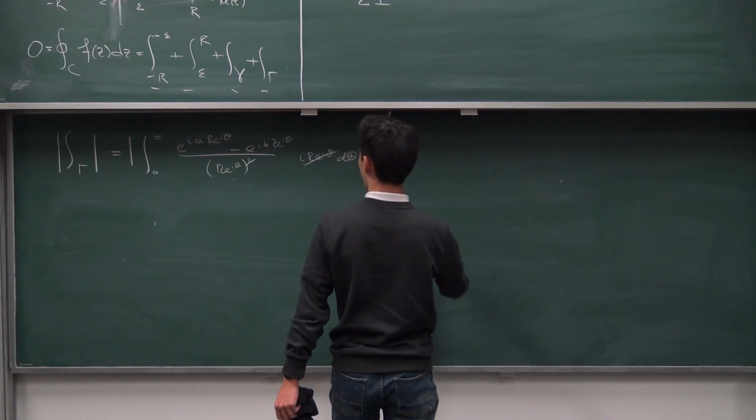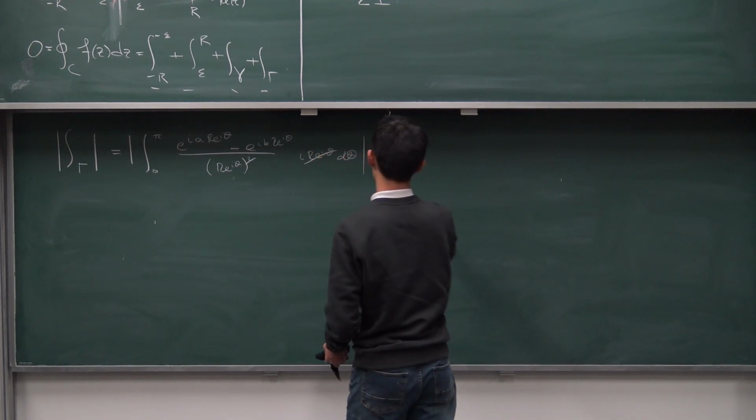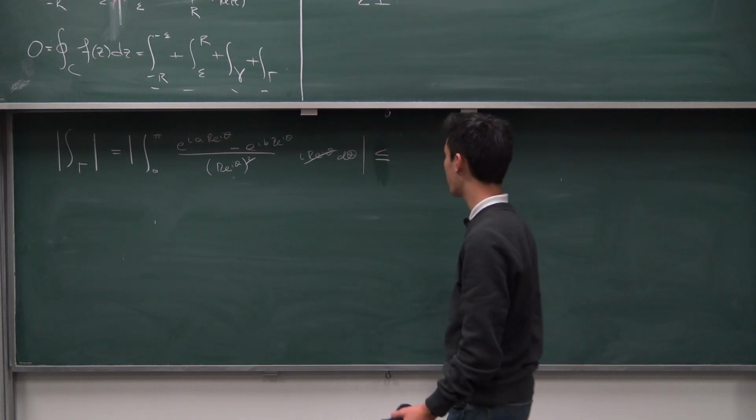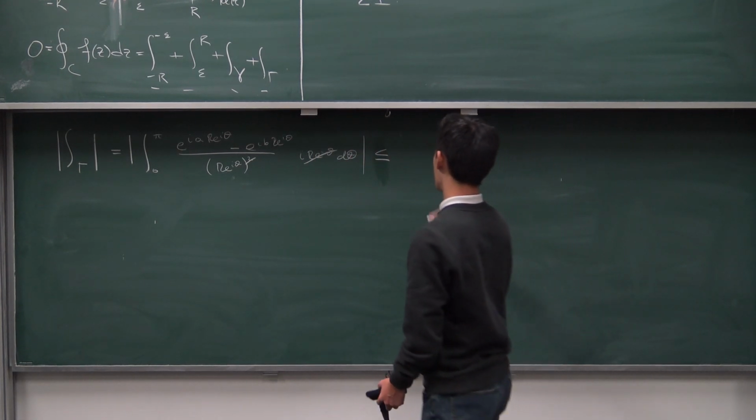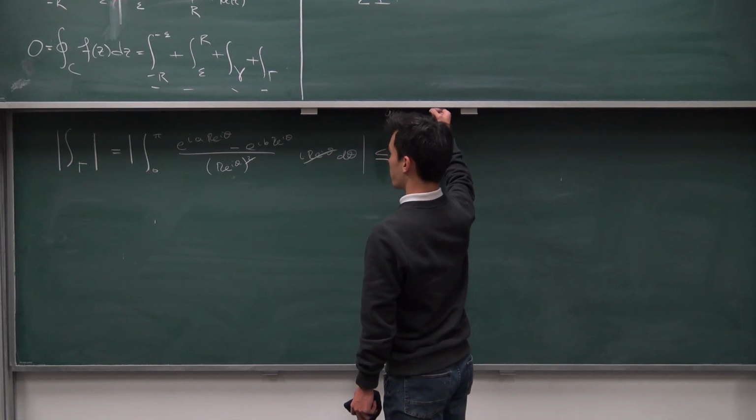So what are we left with over here? Actually, I wanted a less than or equal to inequality because we're going to bring these absolute values into the integral using that integral inequality there. So this is less than or equal to the integral from 0 to pi. What are we going to have on the inside?